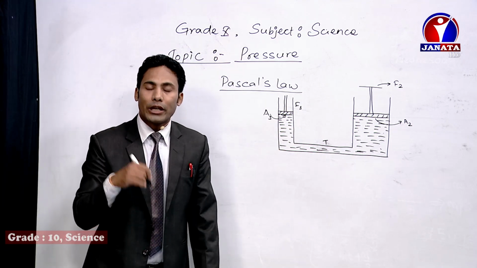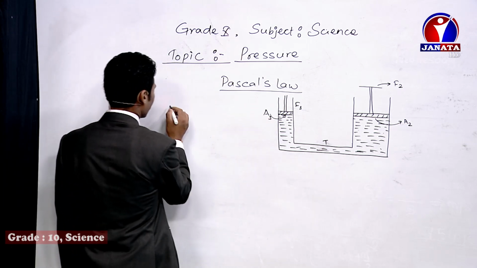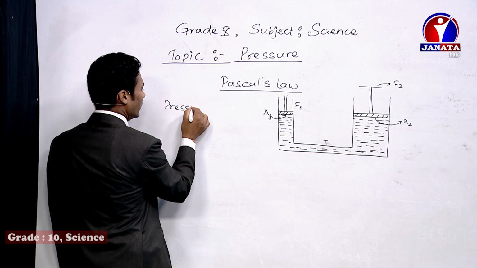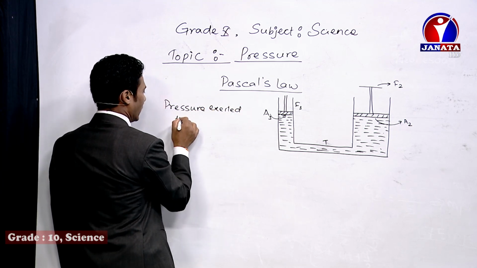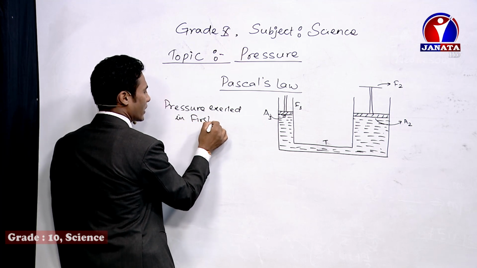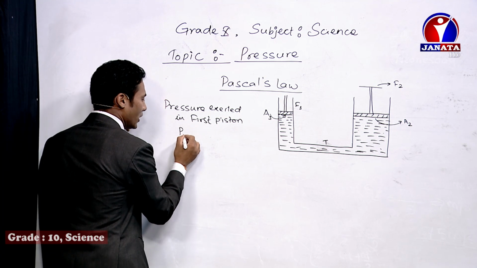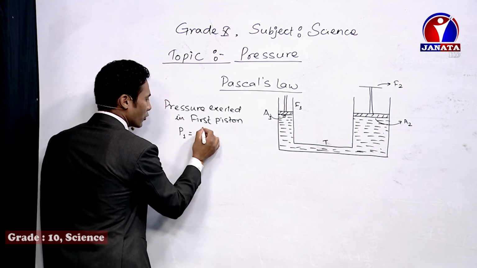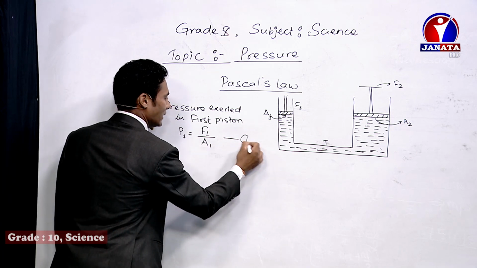The pressure exerted on the first piston, if I represent it by P1, then P1 equals F1 by A1. Can I write this as equation 1?